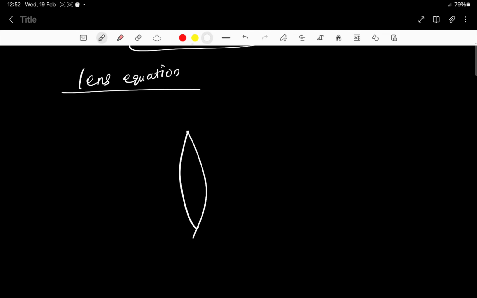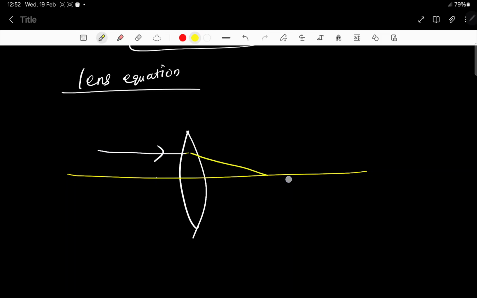I will tell you the rules one by one. If I send any light ray parallel to the principal axis, after getting refracted, the light ray will pass through the focal point. That is rule 1.